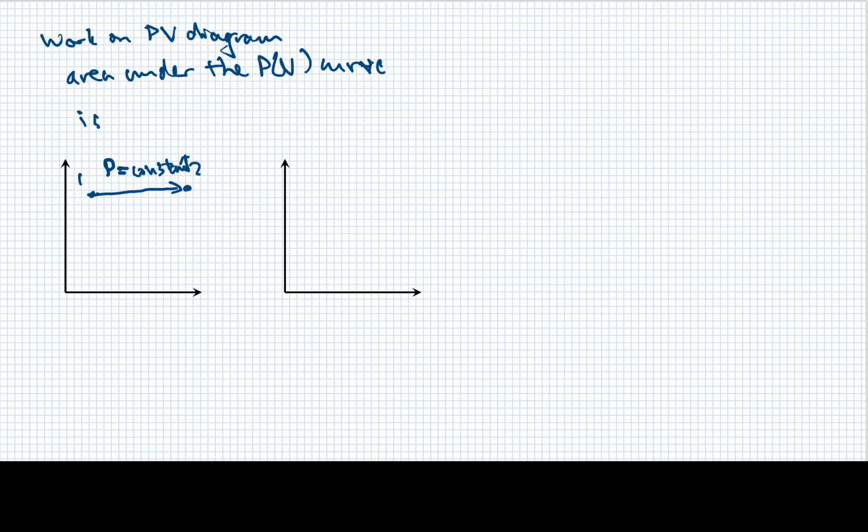So this is isobaric. If I did that integral for the work, remember the integral is -1 to 2 of pressure times dV. The pressure is constant, so in this case it's going to be minus the pressure times the integral of dV from 1 to 2, which is just minus pressure times V2 minus V1.